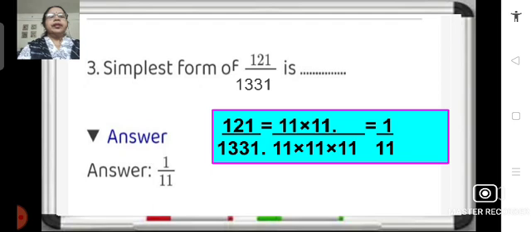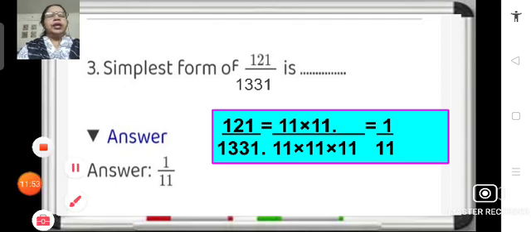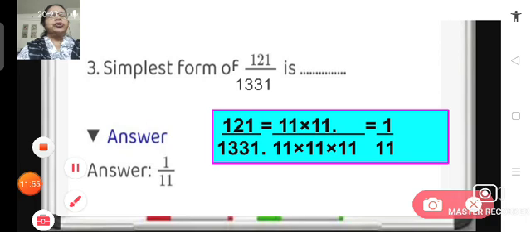Next problem. Simplest form of 121 upon 1331 is dash. So, how can we get the simplest form? We can write the factors of 121, that is 11 multiplied by 11, and the factors of 1331, that will be 11 into 11 into 11.